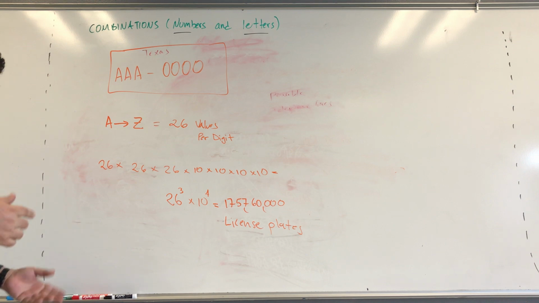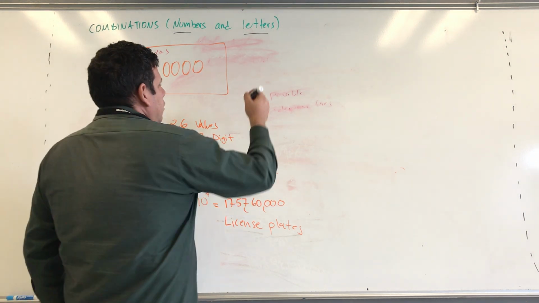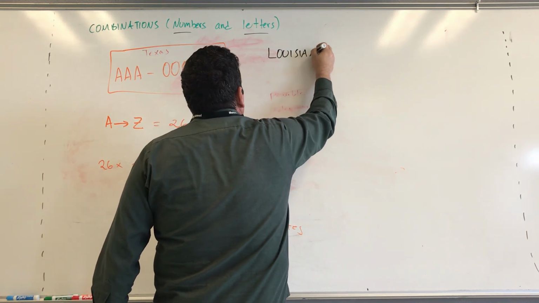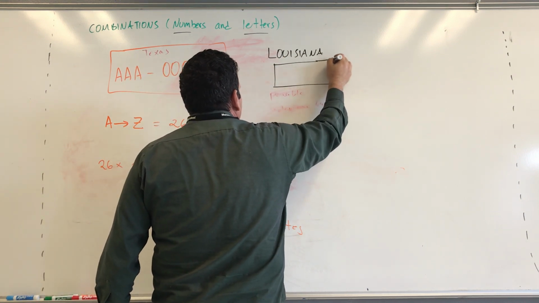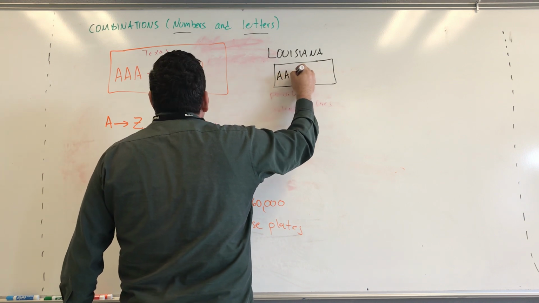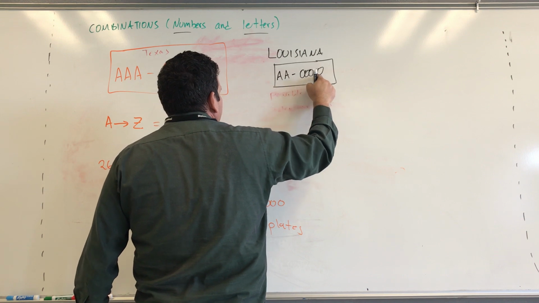If you want, I can make another example real quick. Louisiana has less population than Texas and the values are only 2 letters and 5 numbers, 1, 2, 3, 4, 5 numbers.